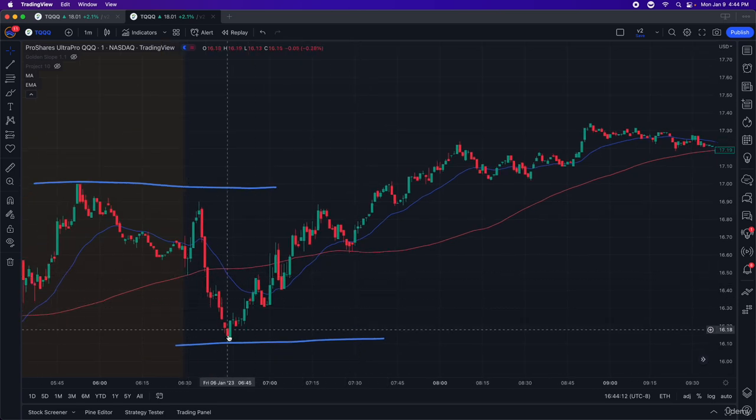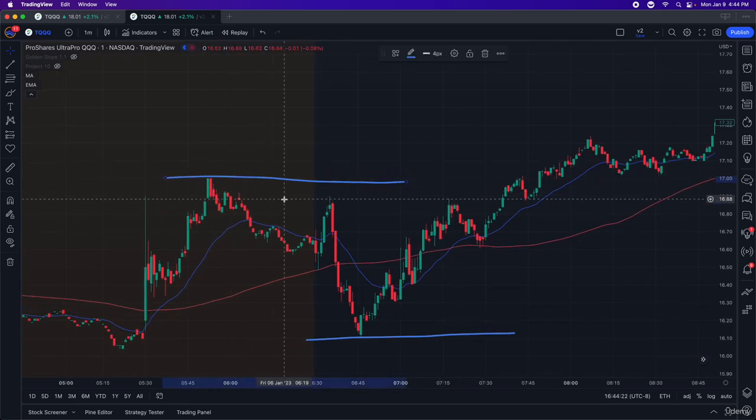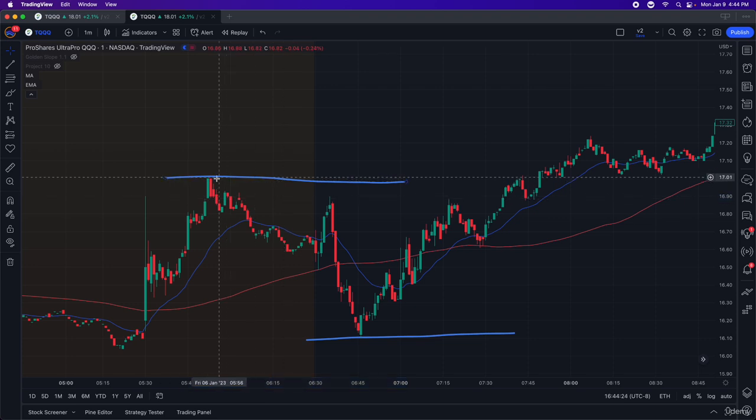And sometimes, again, this doesn't hit the support line, sometimes it does. But one of the things you want to remember is that these things are all psychological, okay? For example, let's look at the resistance line here. This is a buy block, meaning that a lot of people ended up buying in this area, right?